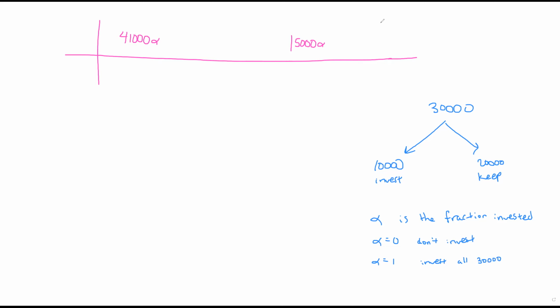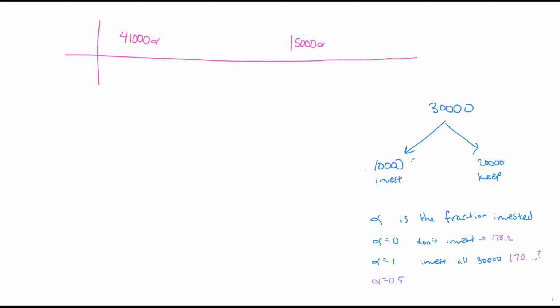We just talked about these two cases specifically. We said that not investing gave a utility of 173.2, and investing everything gave 170 something. We knew that not investing gave us the highest utility. So the question is, what does something like alpha equals 0.5 represent?